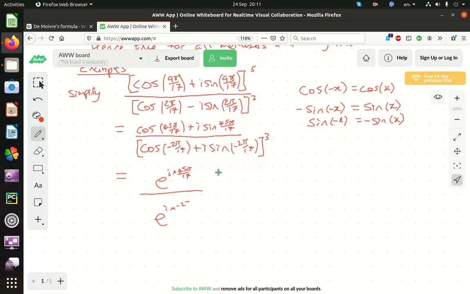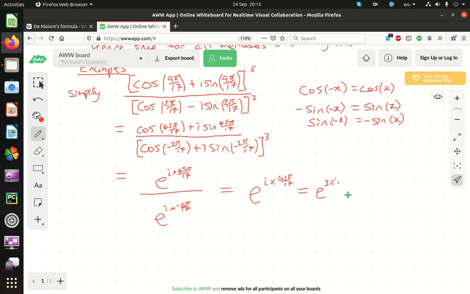Oh, now don't forget, I've got to do that times by 3, so minus 6 pi over 17. Almost missed that. And then what I can do is just subtract the arguments to give me e to the I times, right, 45 minus minus 6 is 51 pi over 17, which is actually e to the 3 pi I.